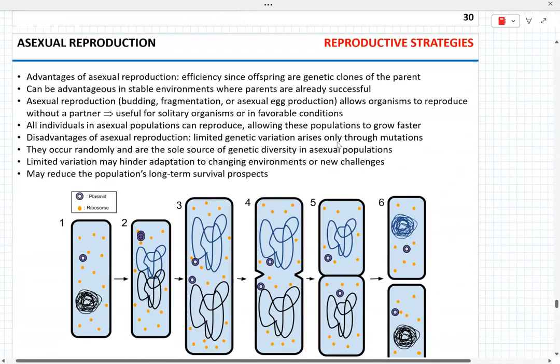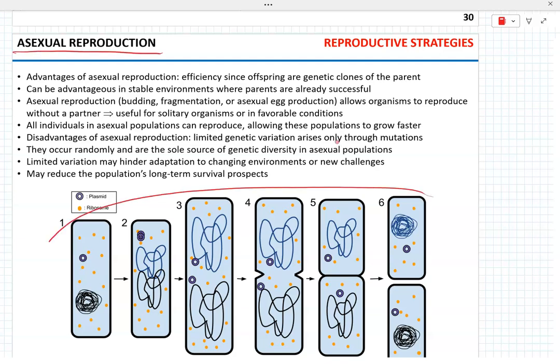Now, there are several reproductive strategies that living organisms use. One of them is asexual reproduction, such as one seen in bacterial cells or prokaryotic cells. What is the advantage? First of all, it's efficient. Offspring are genetic clones of the parent, and in unstable environments where parents are evolutionarily successful, that genetic identity can be really advantageous.